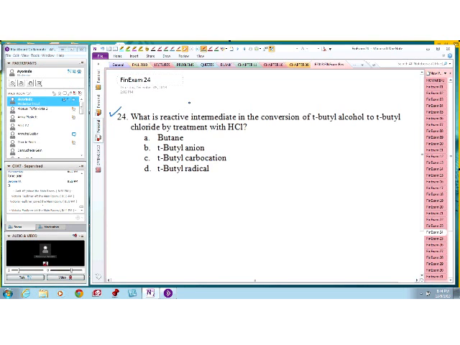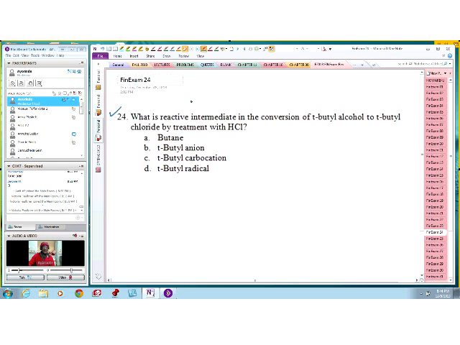What is the reactive intermediate in the conversion of t-butyl alcohol to t-butyl chloride by treatment with HCl?